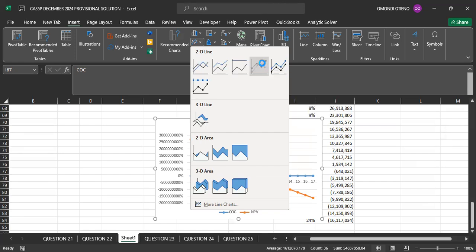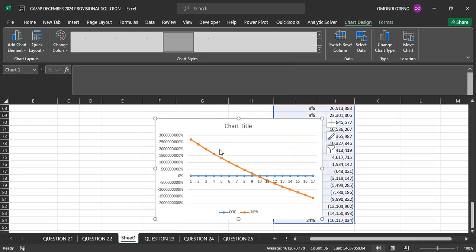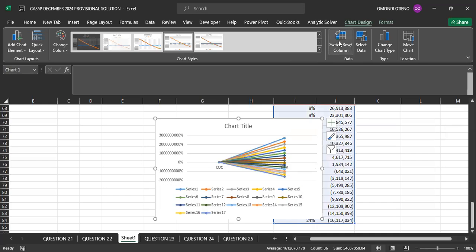I think this one will serve us better. But if you look at it, our net present value should be in the y-axis. So just come to this part and switch column. If you switch column, look at what we have.